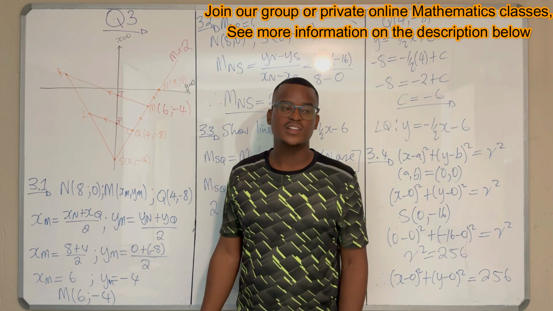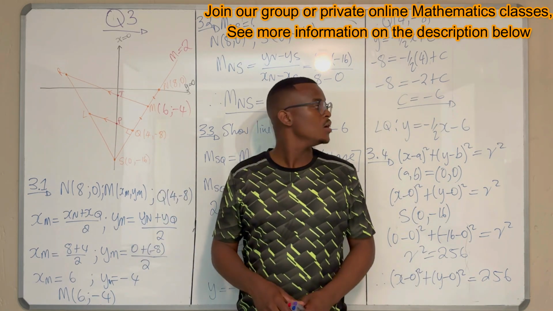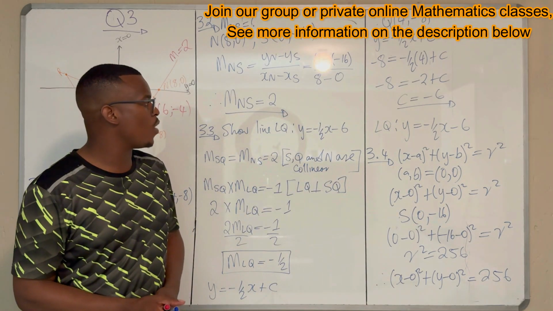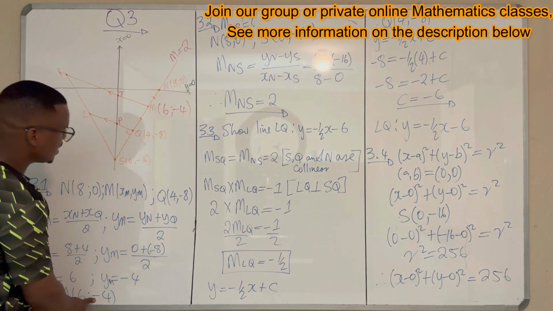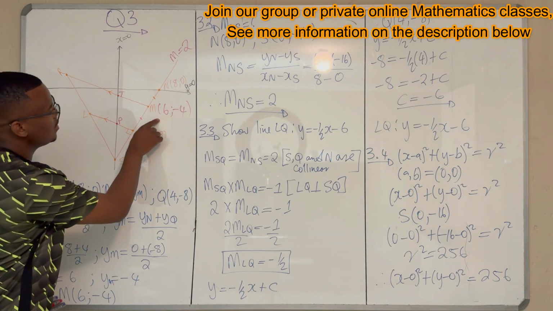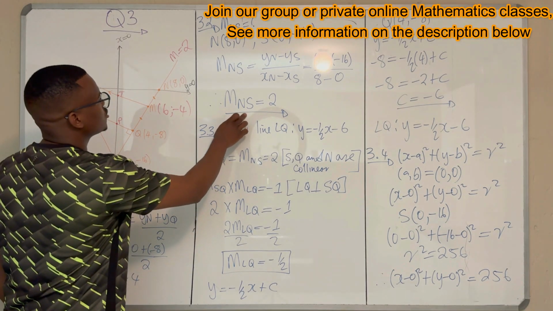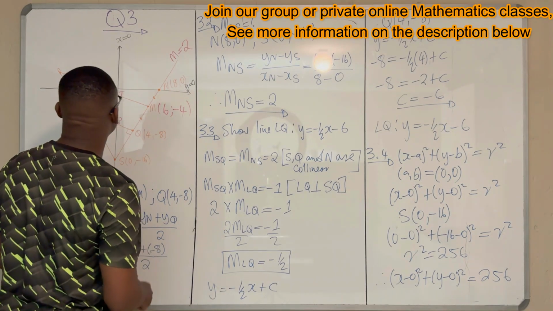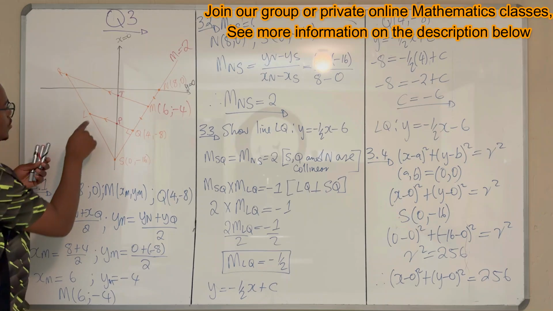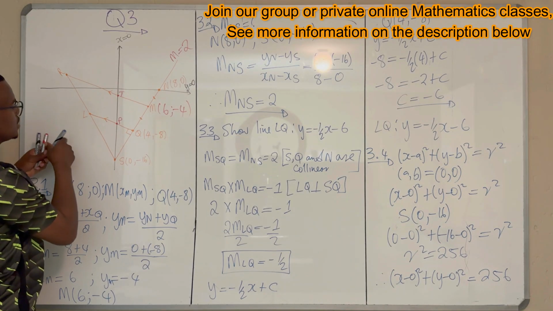So what I'm going to do first, I'm going to take all this information and edit it here, so that we know what we have and what we do not have. The coordinates, we did put them here. The gradient of NS is 2, there it is, and then the equation of the line LQ, here's LQ.